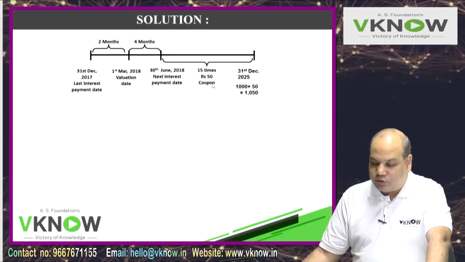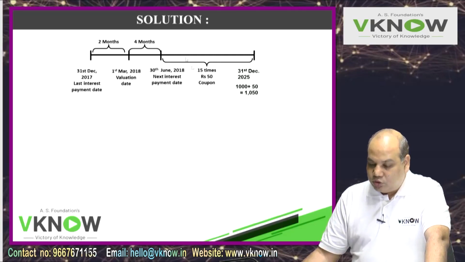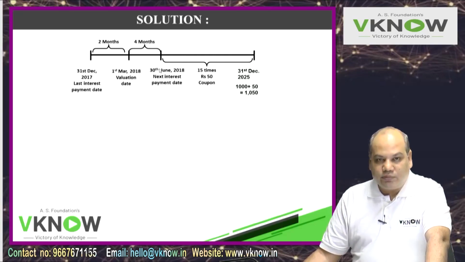And on maturity, you will also receive that 1000 rupees redemption value. So the clean price on 30th June 2018 will be based on next 15 coupons and 1000 rupees.